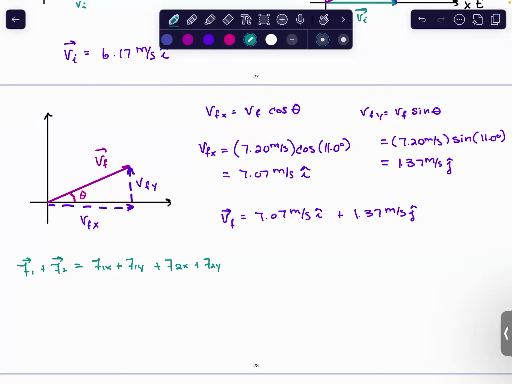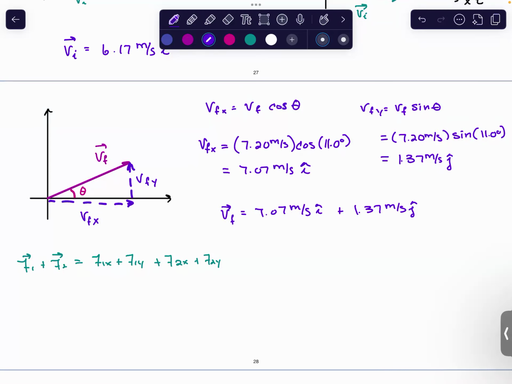No. Remember, you add together your x's and you add together your y's. Those are two separate components. You cannot just add together all your x's and y's. Those are going to give you components of a new vector. Do not add together your x's and y's.